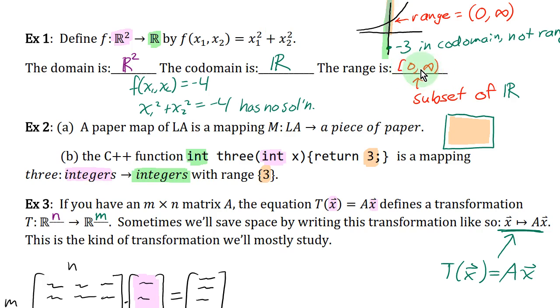So that's the range, that's the subset of R, but we still say the codomain is R. And we use the codomain just as a way of describing the kinds of things the outputs are. Like when we say f from R2 to R, that means that the outputs are going to be numbers. So we're just describing the kinds of things you get as outputs, but it doesn't mean that all of the actual real numbers are outputs.